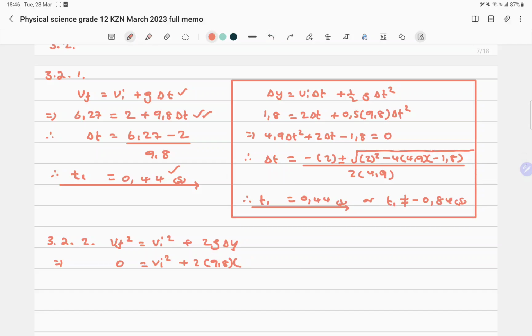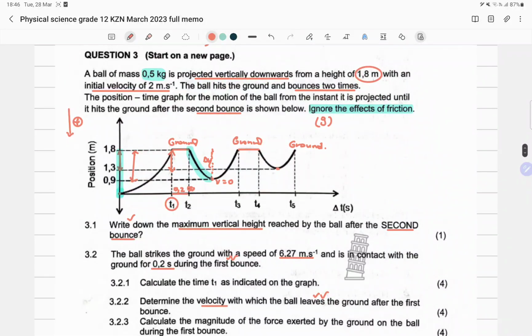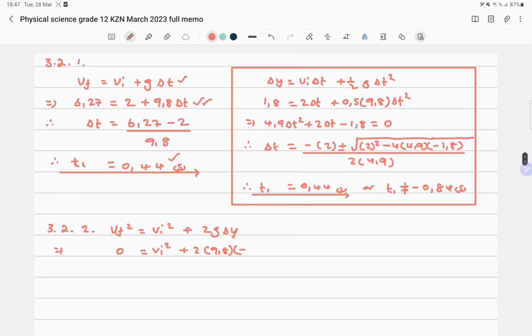Now let's do the difference. Look, we can actually play it smart and not even include a negative sign. We just know that this is going to be 0,9 minus 1,8, isn't it? We take the last minus the initial. Life is easy. Everything is sorted.